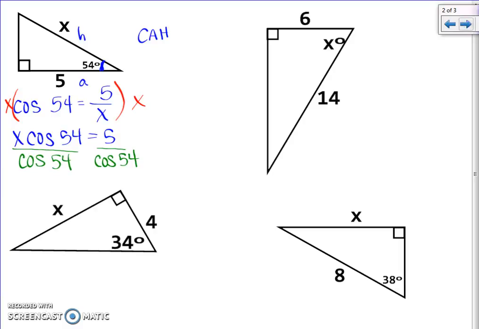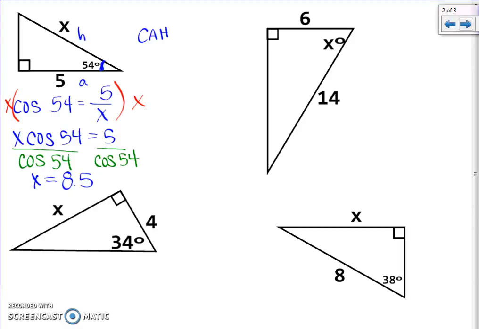All right, so this is the part that we put in the calculator. What do we get? 8.51. We'll go to 8.5. Questions? Is it sort of coming back to you a little bit?